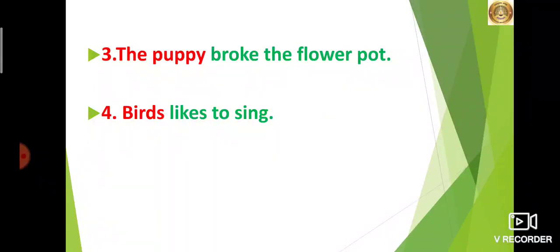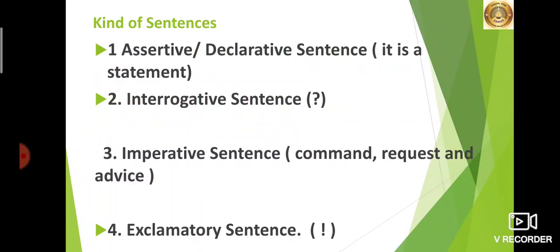I hope you have understood the concept of subject and predicate. Moving ahead, let's revise kinds of sentences. As you all already know, there are four kinds of sentences, that is assertive or declarative sentence, interrogative sentence, imperative sentence and exclamatory sentence.